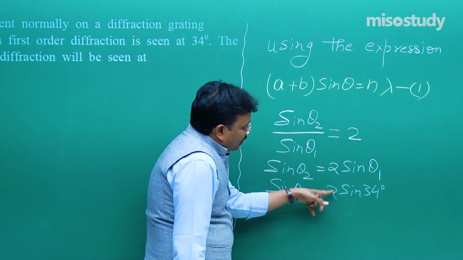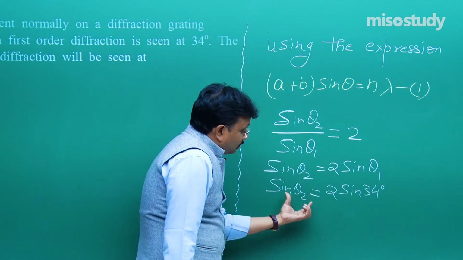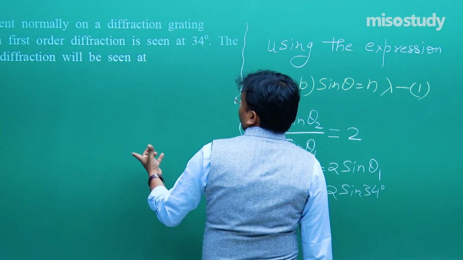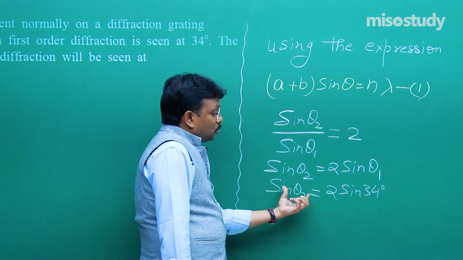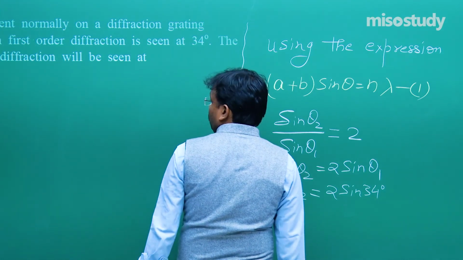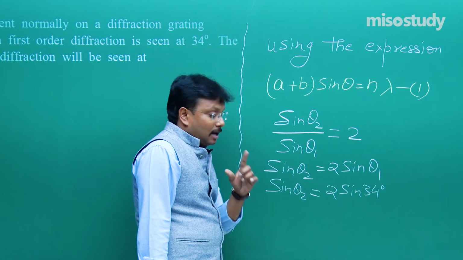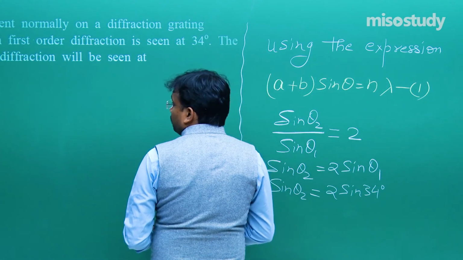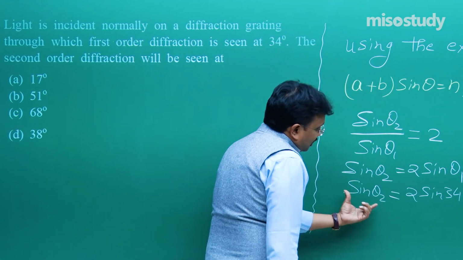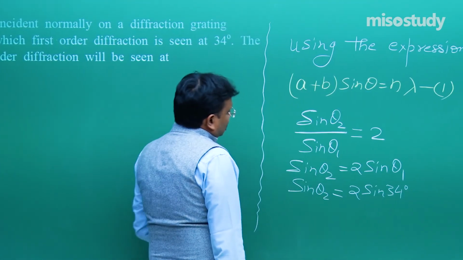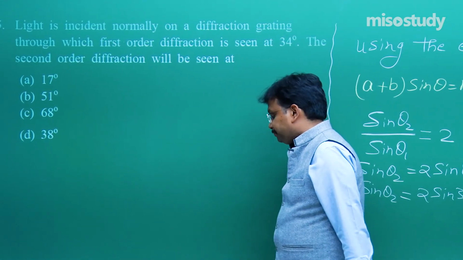Multiply 0.56 with 2, and you get sin theta 2 greater than 1, which is not possible. So you have to subtract that value from your 90 degree angle, and then you can find the correct answer, which is going to be D. Fine. So this is a checking condition. And then you can easily find the solution of this problem using this formula.